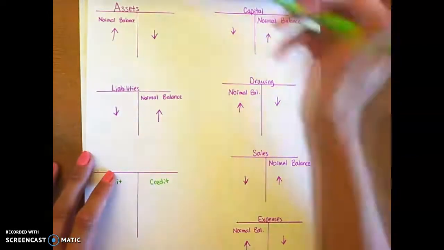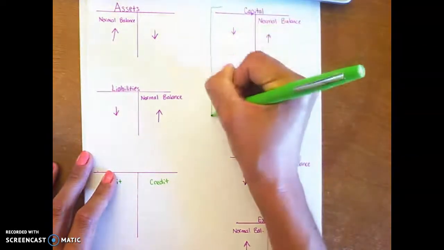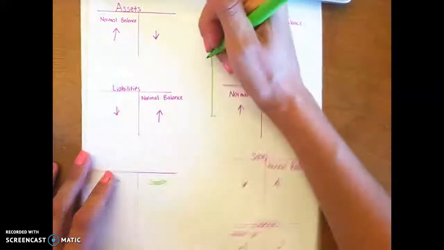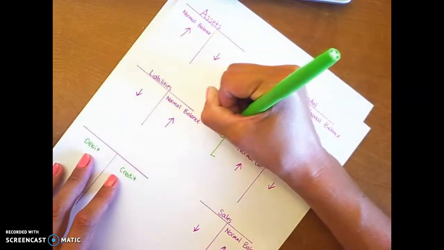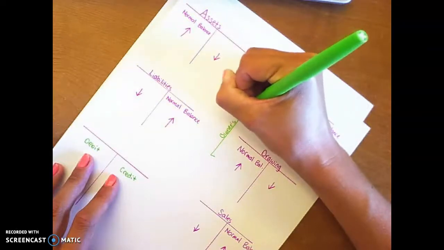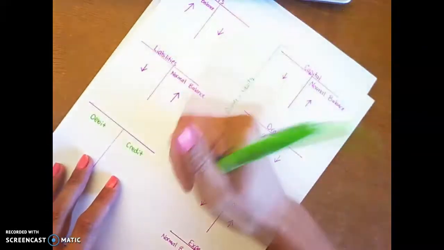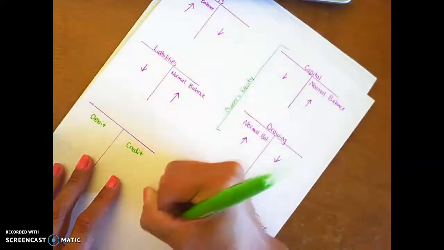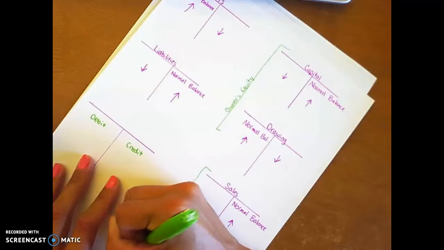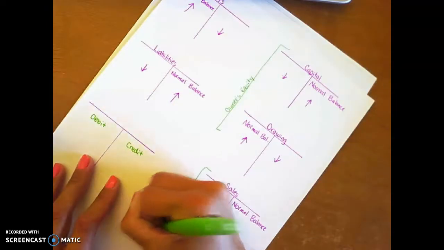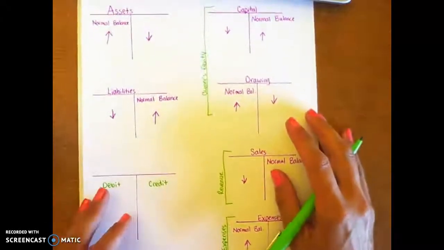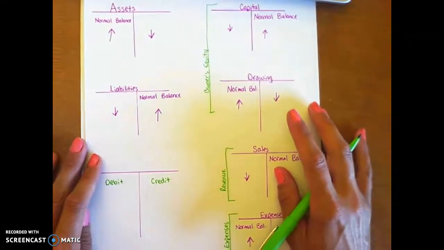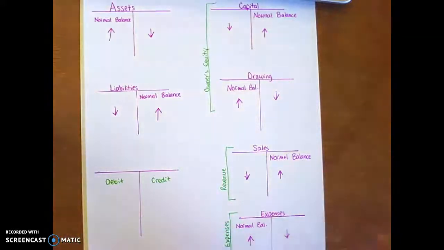The capital and the drawing account, these are both owner's equity. Sales is revenue. This is their classification. And then all expenses, they are expenses, which seems weird to abbreviate expenses as expenses, but there's many different types of expenses. You can have advertising, rent, and so on. So that's how they are classified.